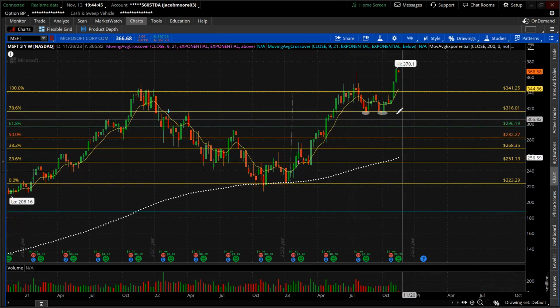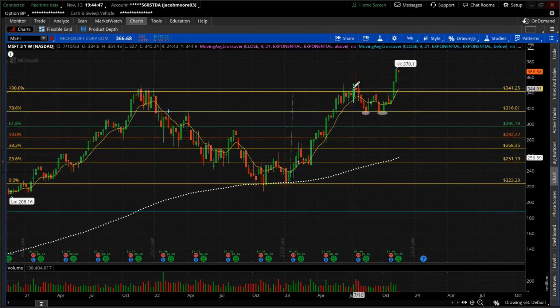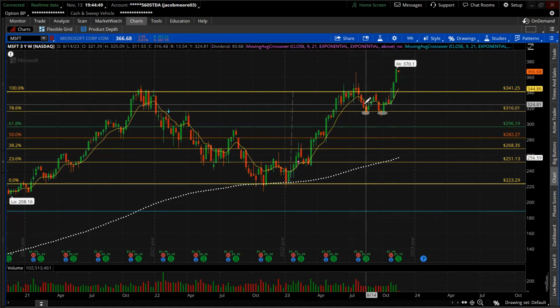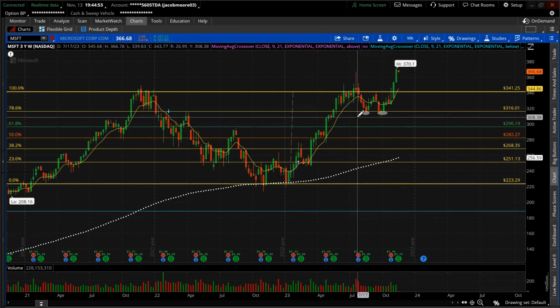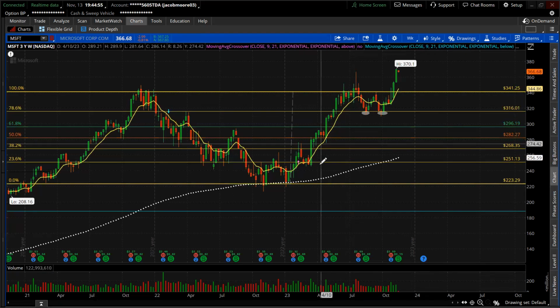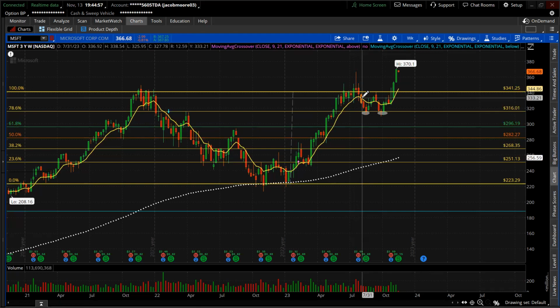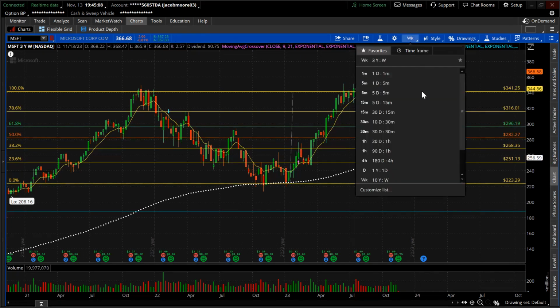However, what do we have? We had a double bottom. So that shows, and a handle can definitely be sideways as well. So that's why I always preach it's relative, and you have to be looking at different other indicators, not just the one. So let's come into the daily.